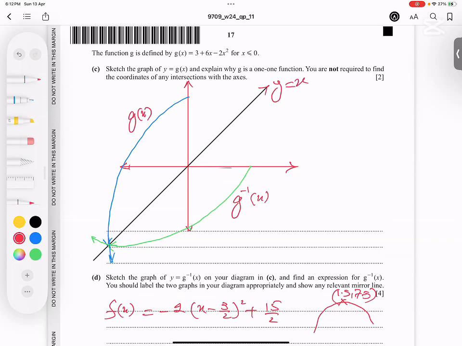And what he was asking: sketch the graph of g of x in diagram C above and find the expression of g inverse. You must label the two graphs and show the relationship between the line, the mirror line. So I think this idea is very clear.